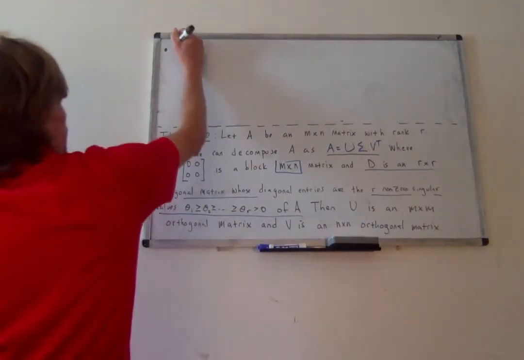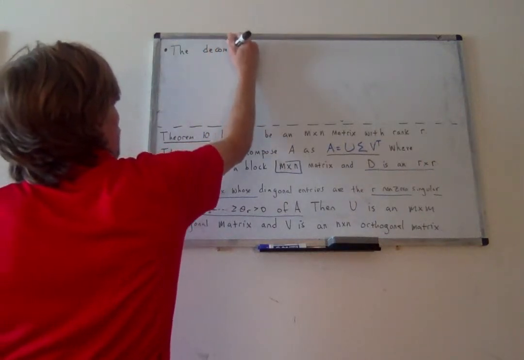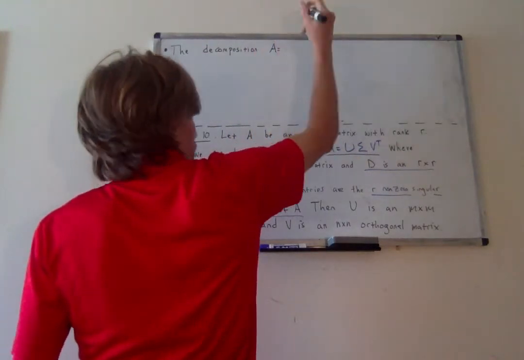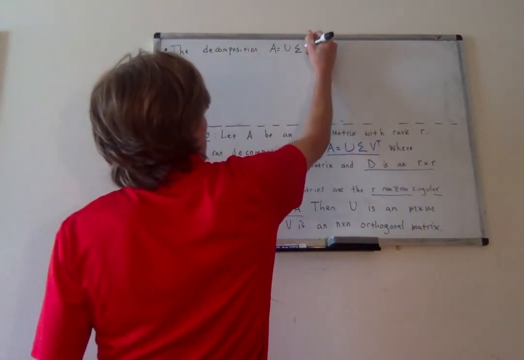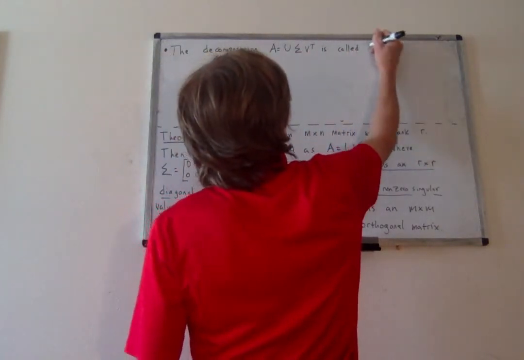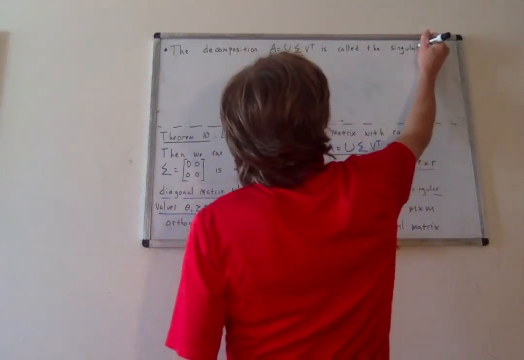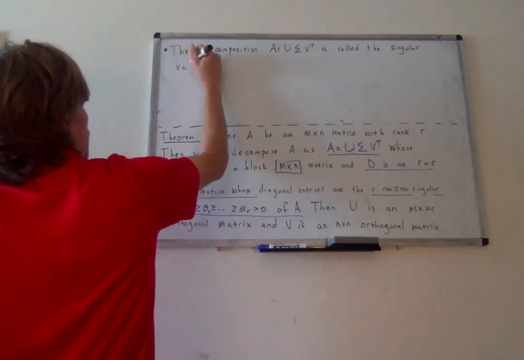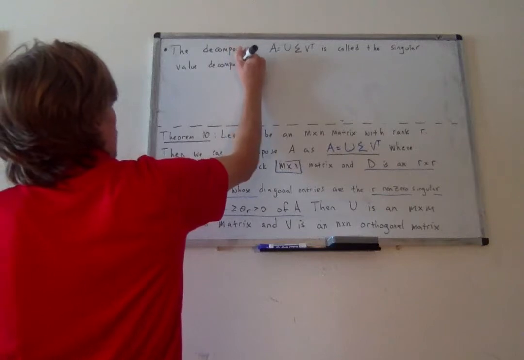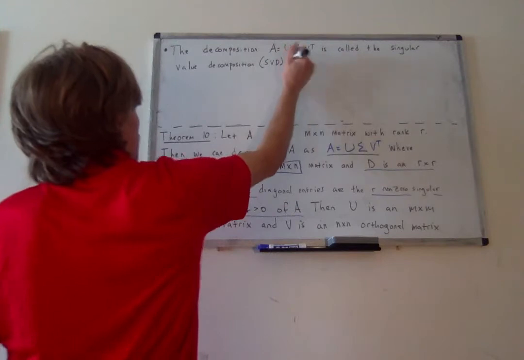But so, the decomposition defined by this theorem, A equals U times sigma times V transpose, is called the singular value decomposition, sometimes we'll just abbreviate it as SVD of A.